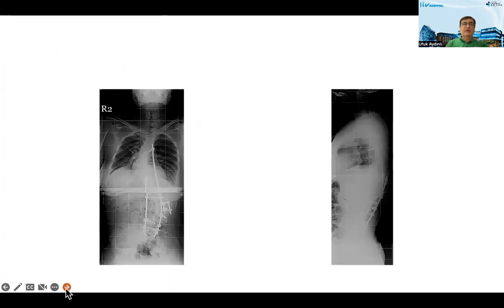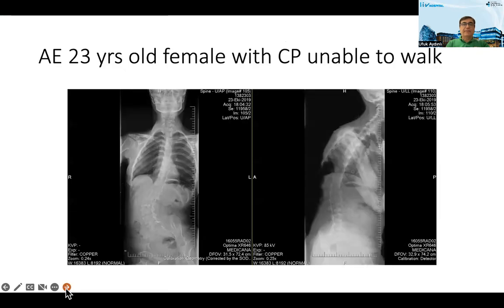So we decided to proceed with the posterior vertebral body resection. We performed the posterior PVCR at the mid-lumbar level, trying to achieve a good balance of the spine.